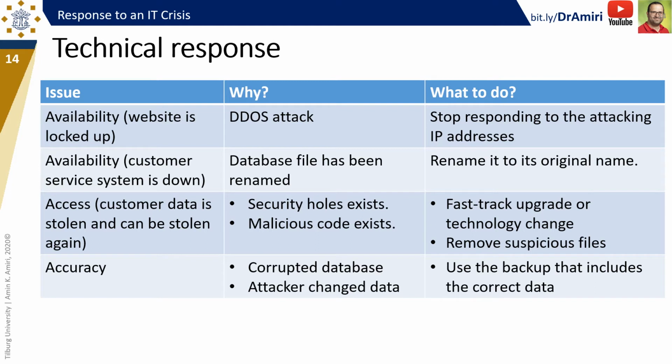There was also another issue. The IT department was concerned that the accuracy of the data was compromised. The database vault was assumed corrupted at first, which could be a case of accuracy, and the attackers could also have changed the data.